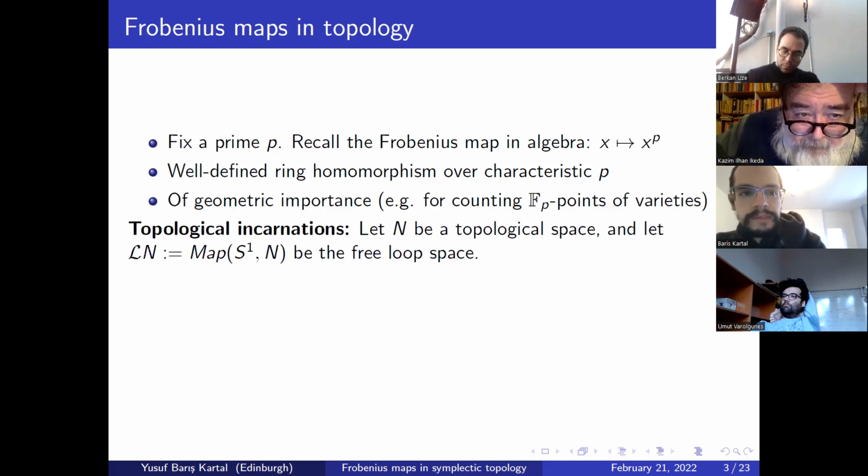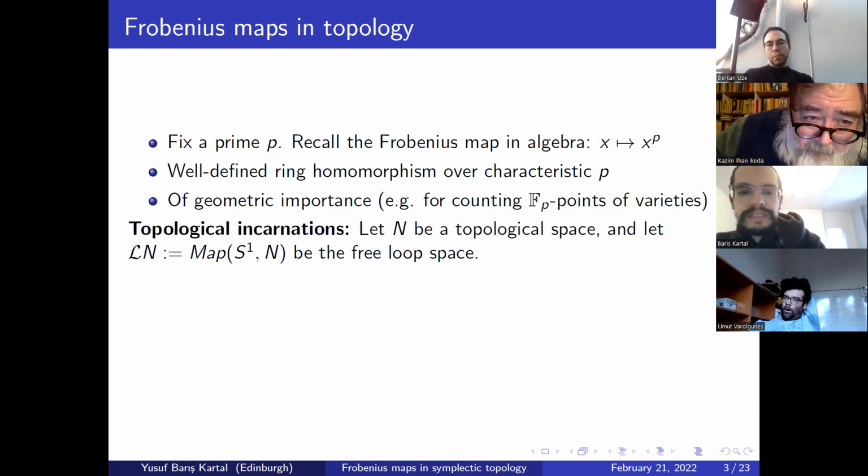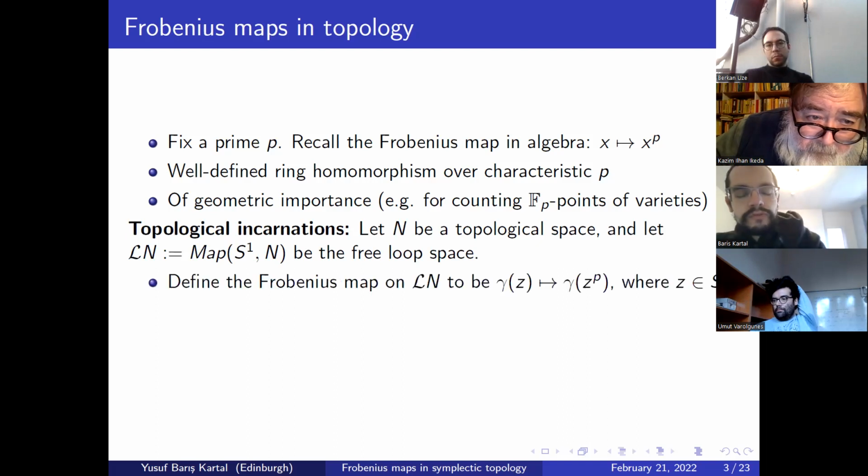And as the title suggests, this has a topological incarnation. The simplest one is if you have a topological space N, and you consider the free loop space, the space of maps from S^1 to N, okay? You can then define the Frobenius map on the free loop space as the p-fold covering map.